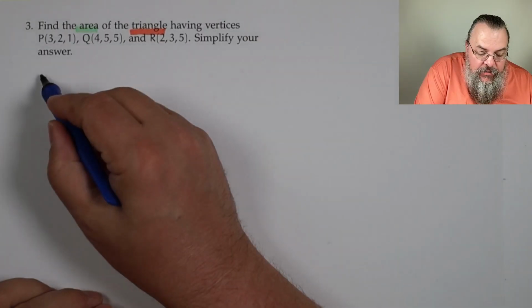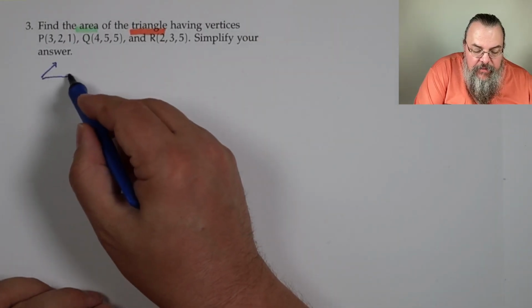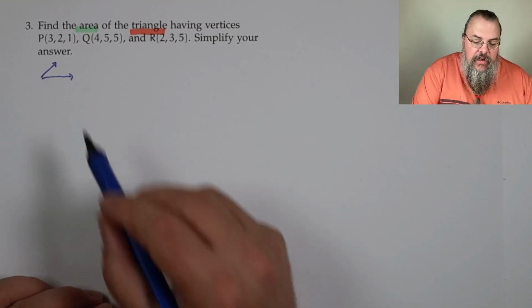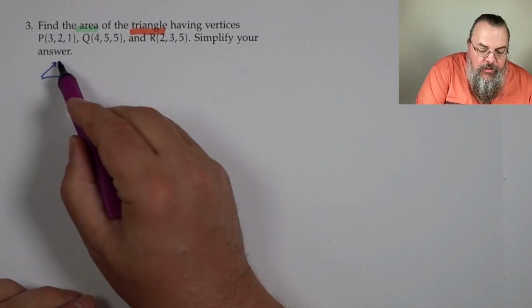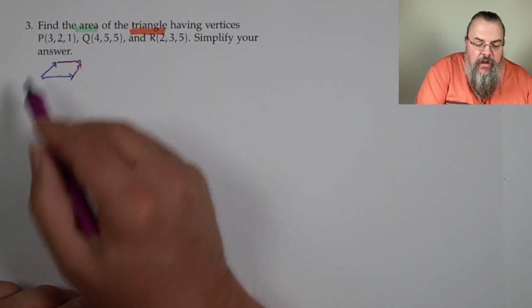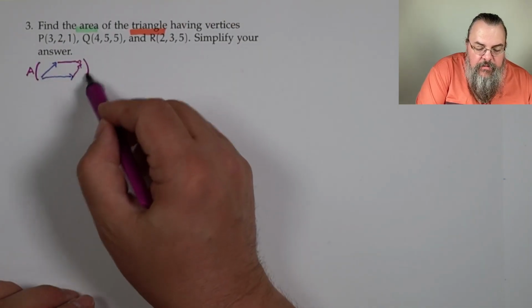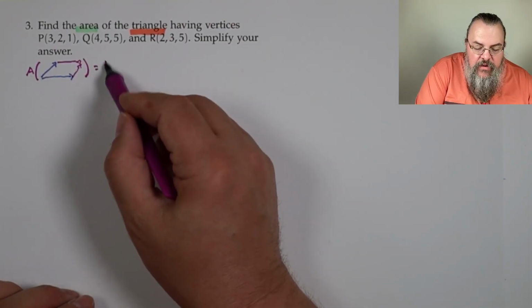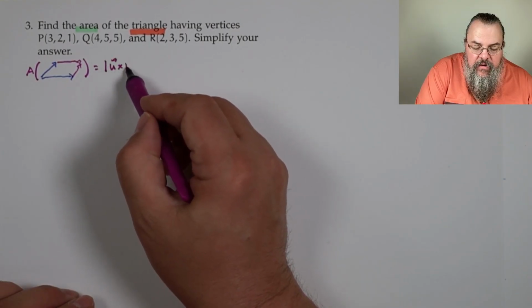If you take 2 vectors, and you put them together, you can move them around and form what's called a parallelogram. And the area of a parallelogram is the magnitude of the cross product.